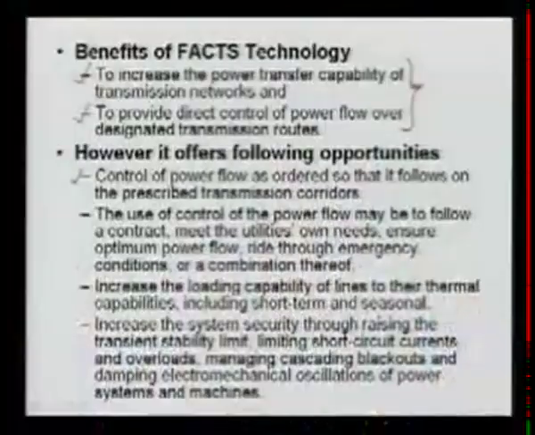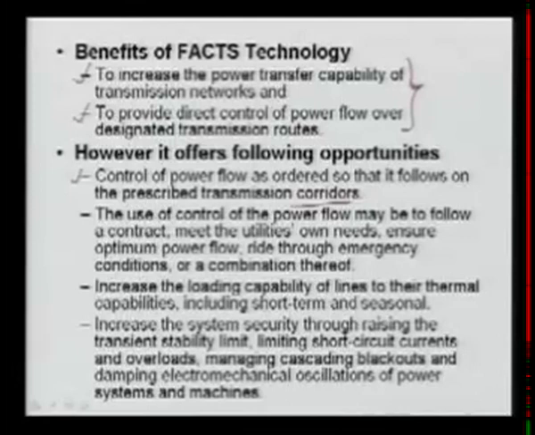So in the transmission corridor, we can fix the amount of power. Another is that the control of power flow may be used to follow a contract, meet the utility's own need, ensure optimum power flow right through emergency conditions, or a combination thereof. So control of power flow may serve several objectives.